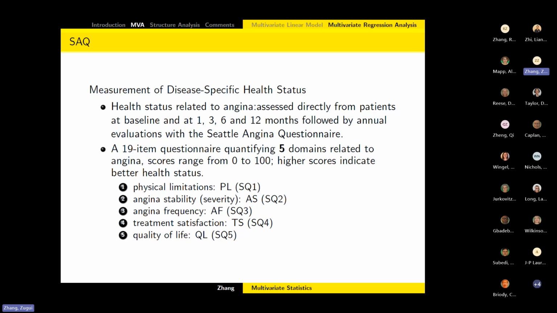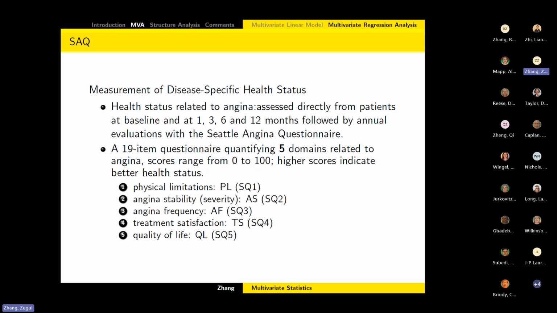We use the Seattle angina questionnaire to measure the quality of life. Health data related to angina were assessed directly from patients at baseline, 1 month, 3 months, 6 months, and each year by the annual evaluation.